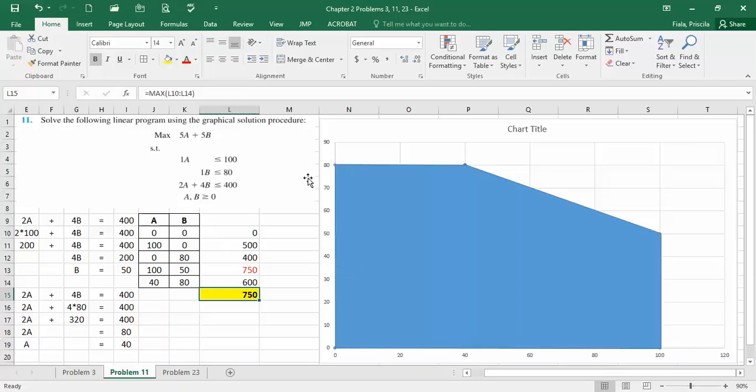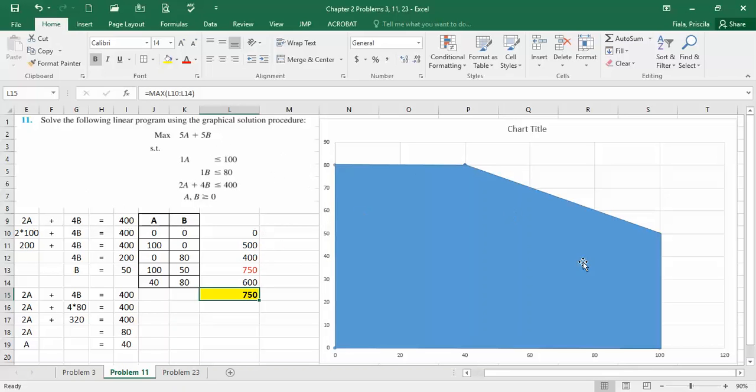Therefore, if your manager asked you how to allocate these assets, how many of A and how many of B to use, you would tell him: you need 100 of A and 50 of B to get the maximum, the optimal solution of 750. So you're optimizing these values.